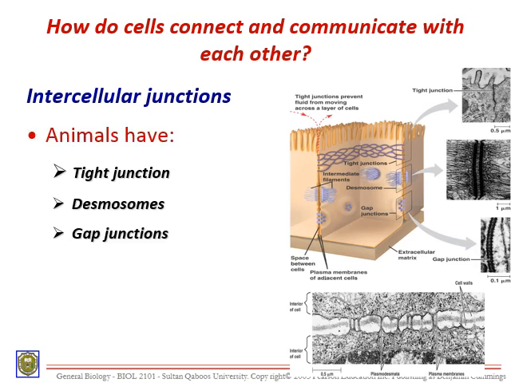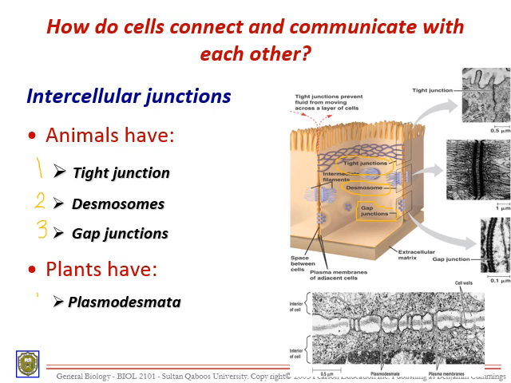Intercellular junctions. So animals, they have three junctions. They have the tight junction, you can see it here, and they have desmosome, and they have got the gap junctions. Okay, 1, 2, 3. On the other hand, plant cells, they have just one intercellular junction, and this is called plasmodesmata.